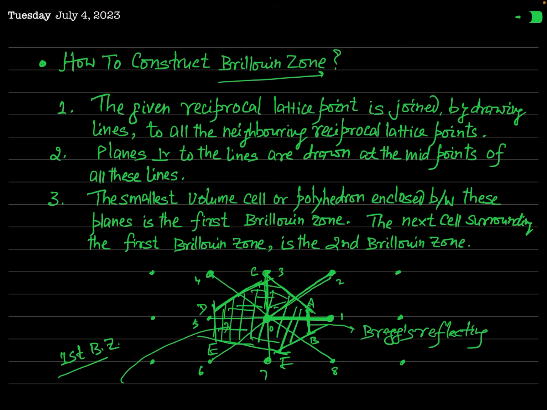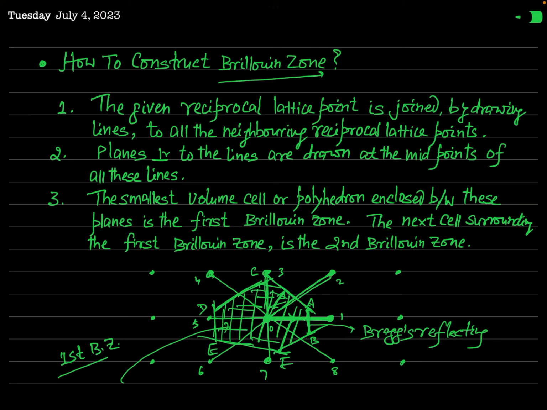When you say Bragg reflecting plane, what does it mean? It means the wave vector will suffer Bragg reflection when incident on these planes. Let us see. I am marking here a wave vector which is incident on this plane and gets reflected and suffers Bragg reflection. If Bragg reflection takes place from these planes, only then you can say these planes are Bragg reflecting planes.